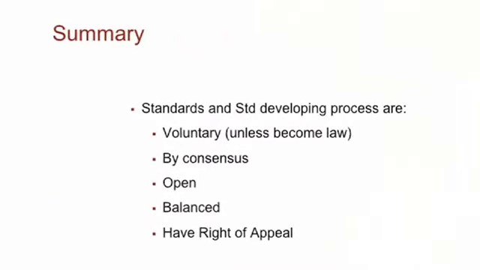And I'll tell you a little bit more about why you should be involved in the standard developing process. So the summary so far is that the standard process, both from the ANSI point of view as well as IEEE, which is a major part from the power side, is voluntary. It's by consensus. It's an open process. It's a balanced process.